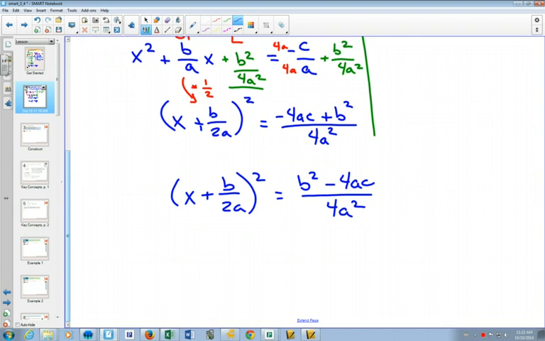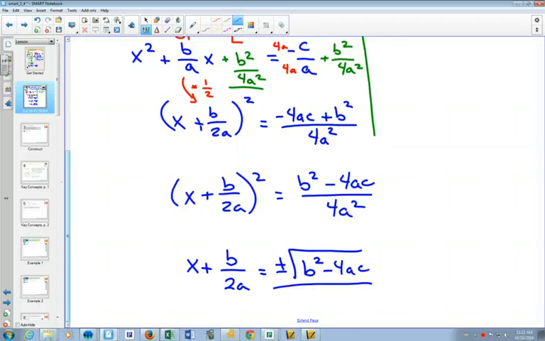What's the next step that we would do when we're completing the square, when we get to this? Square root both sides. So now I would get x plus b over 2a equals the square root of this, plus or minus. And right away I'm just going to put the square root of the top, and I'm going to put the whole bottom in a square root too, because that would be the square root of the whole thing. Can you simplify any of those?